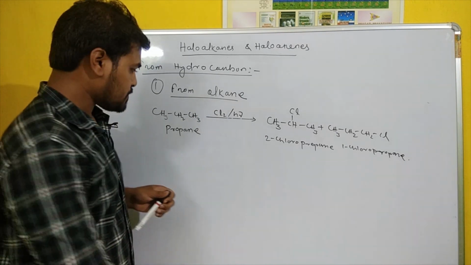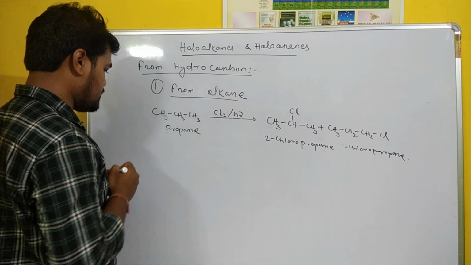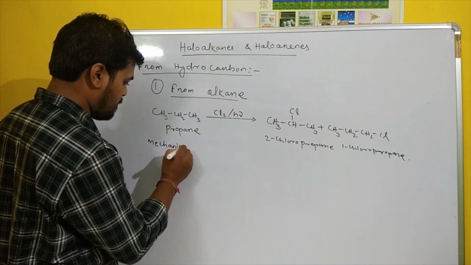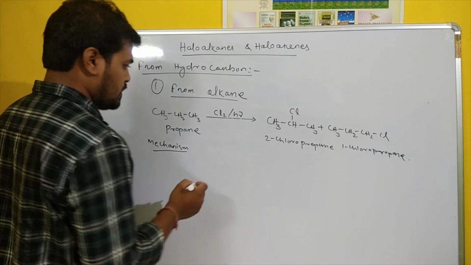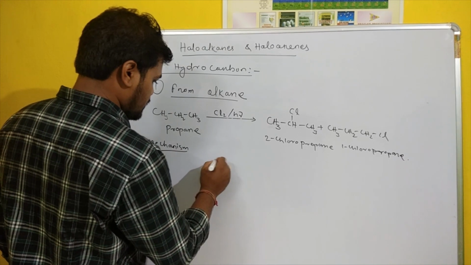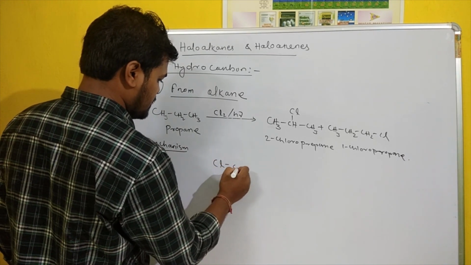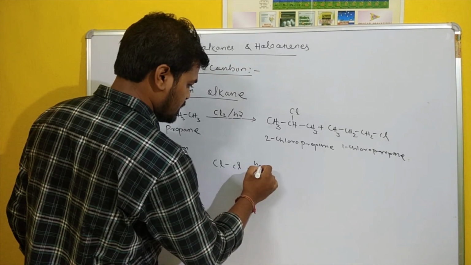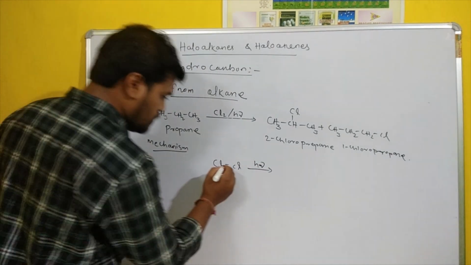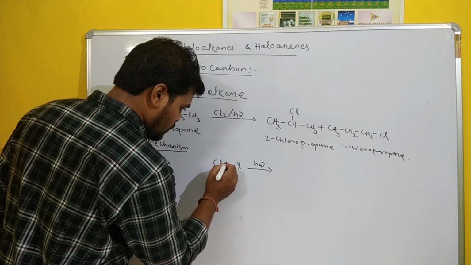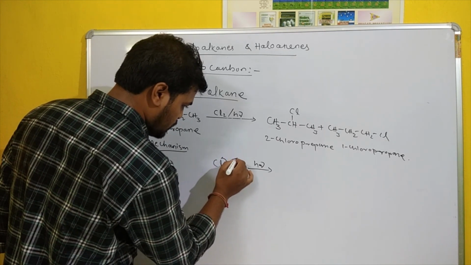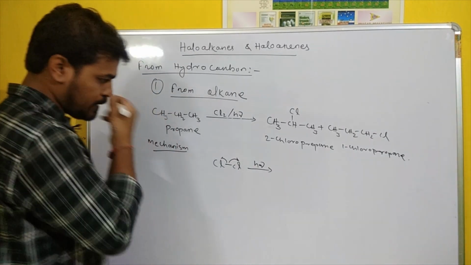So let's check the mechanism of this reaction. Mechanism: the Cl-Cl bond, in presence of light, the bond electrons shift, one electron to this chlorine and another electron to the other chlorine.